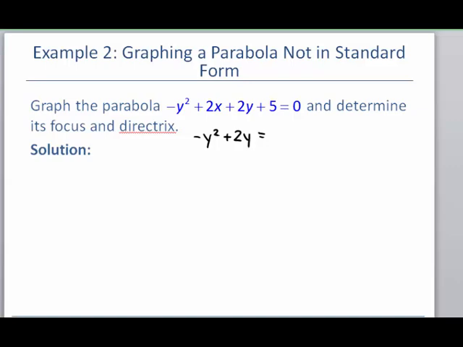So that would mean subtracting a 5, and that would mean subtracting a 2x. Now I have this, except that I have a lot of negatives here. Before I do anything else, I'm going to multiply every term in the equation by -1 just so that I don't have all the negatives. And that's just basically going to change my signs all the way through.